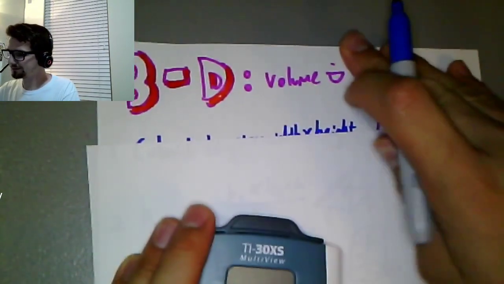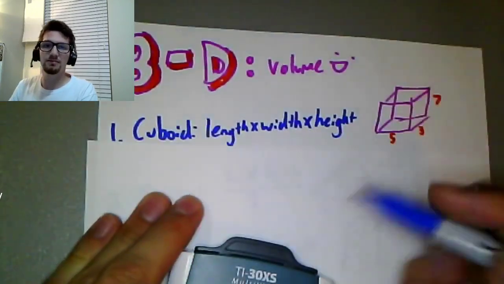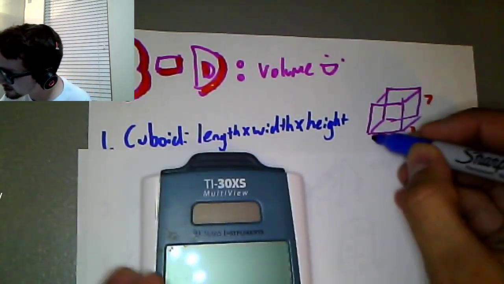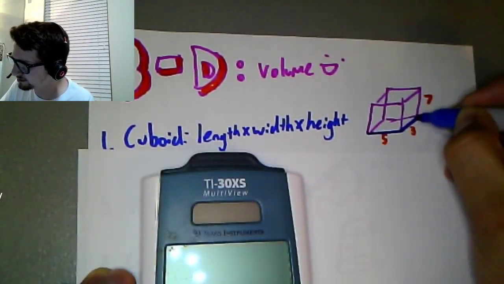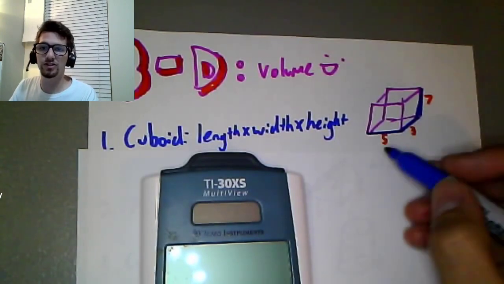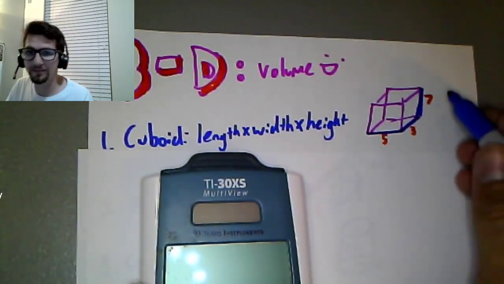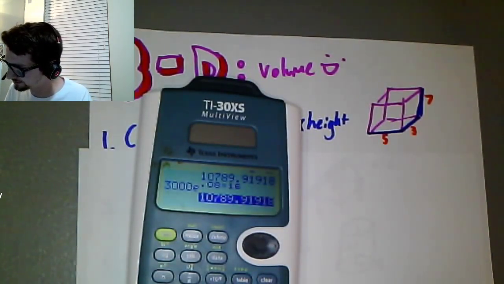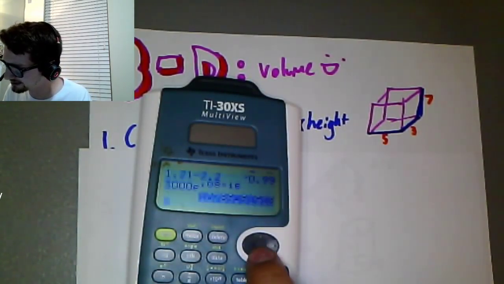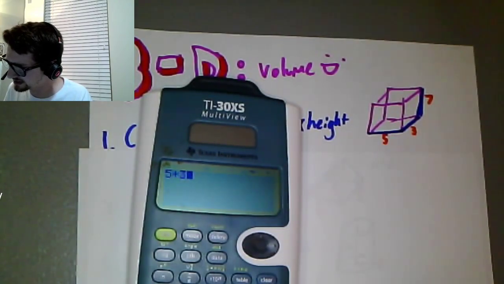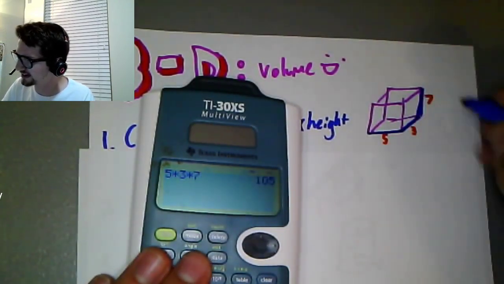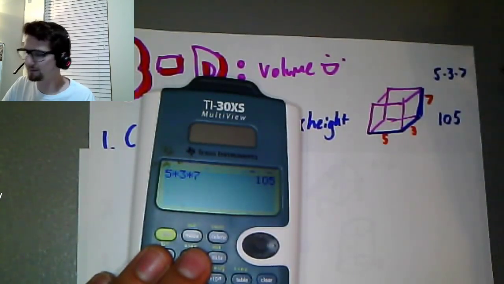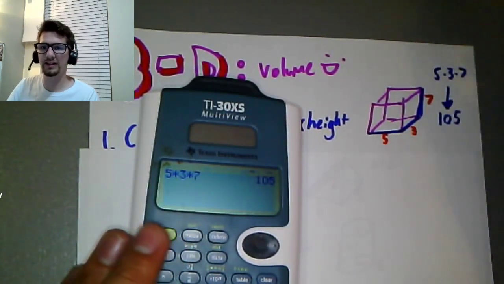So a cuboid will be solved by the length times width times the height, which means this one, and this one, which means 5 times 3 times 7. What's happening in my calculator? 5 times 3 times 7 gives me 105. Great.